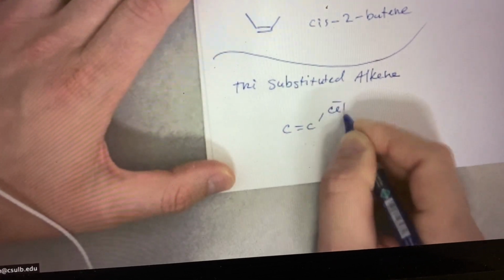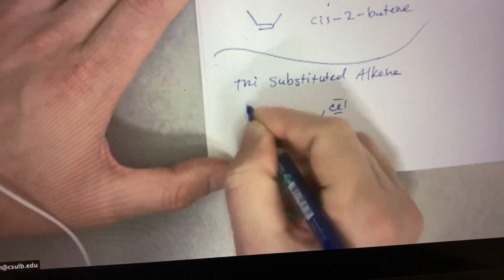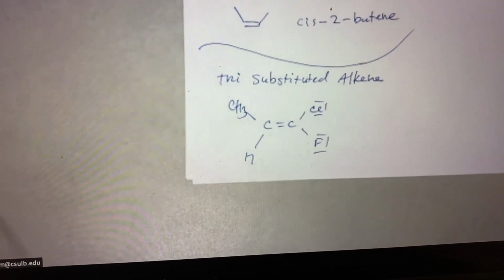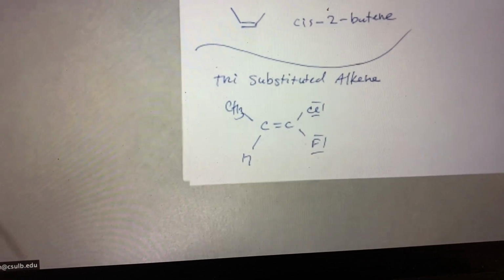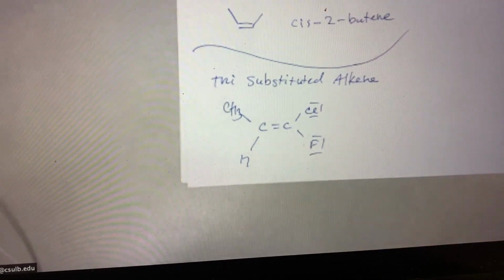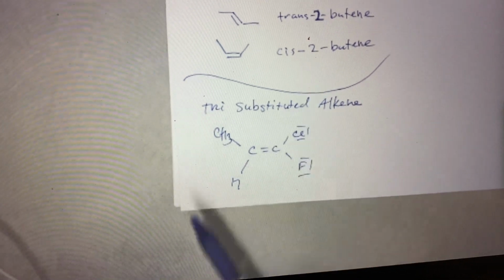We'll put chlorine, fluorine, hydrogen, and a methyl group on it. Cis and trans doesn't make any sense for this particular compound. Cis and trans actually, interestingly, are relative terms. They're relative terms, not absolute terms. We'll get to the difference momentarily.